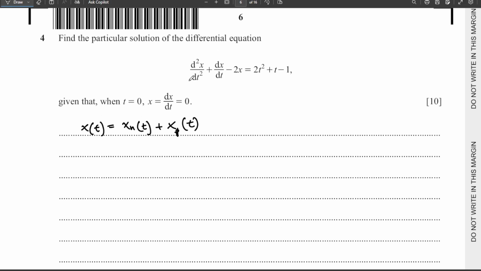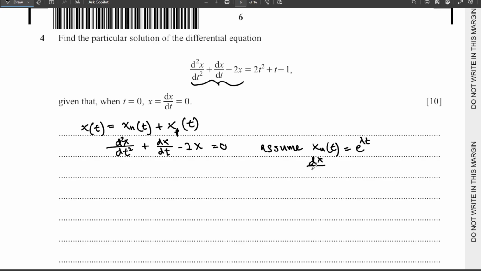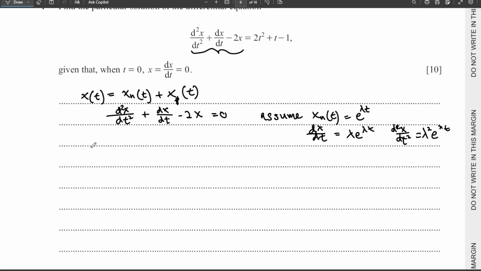We set the second order differential equation equal to 0, and that's how we find the homogeneous part. In this form we assume a homogeneous solution in the form of an exponential function, maybe e^(λt). So dx/dt will be λe^(λt), and the second derivative will be λ²e^(λt).